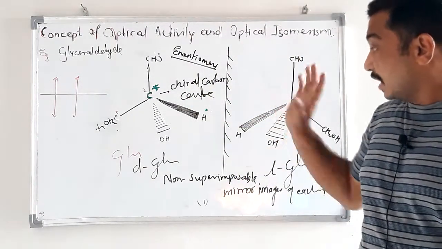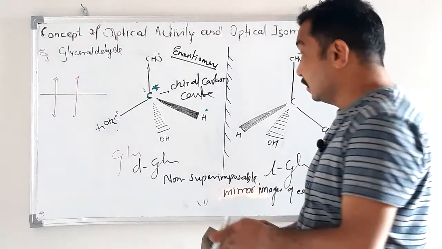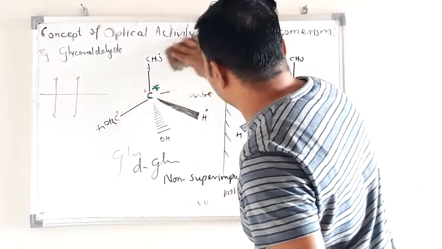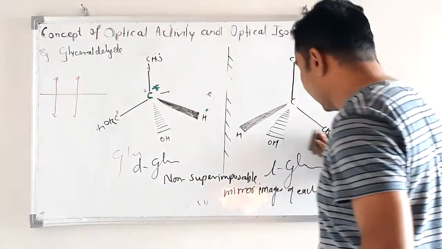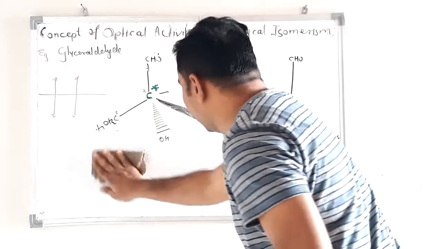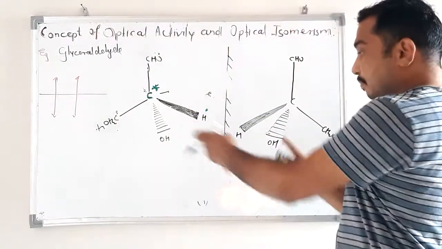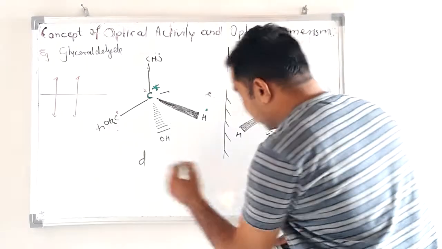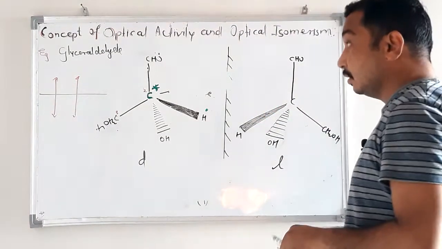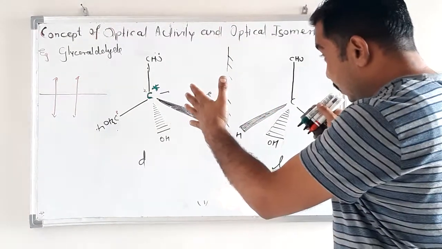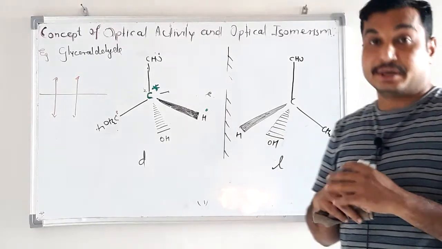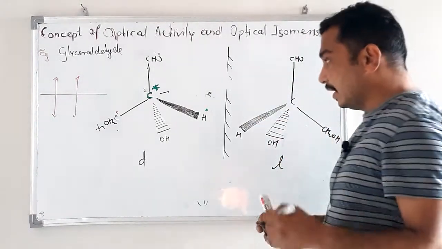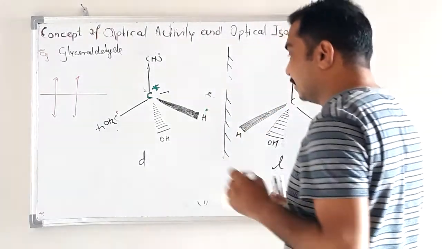Again see the difference between these two enantiomers. They are enantiomers because they are non-superimposable mirror images of each other. One is D and another is L. If we observe their configuration, arrangement, then you will find it in terms of RS.